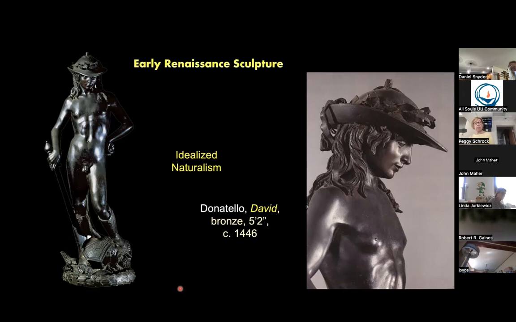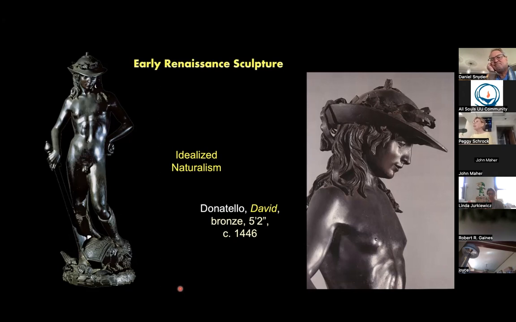But this version is bronze. We don't know a lot about the origin of this. We don't know who commissioned it or for whom, but we do know why it was made, because on the original base, there's an inscription that said that it was meant to commemorate Florence's victory over Milan.